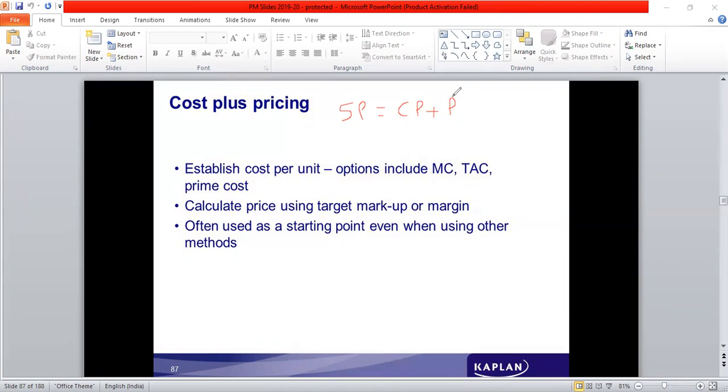Cost price plus profit is the concept. So wherein the total cost is accumulated, it's pulled up together, find out what is the total amount of total cost divided with number of units gives us what is the cost price per unit, add a profit margin, whatever is the desired profit, add that and decide on the selling price.